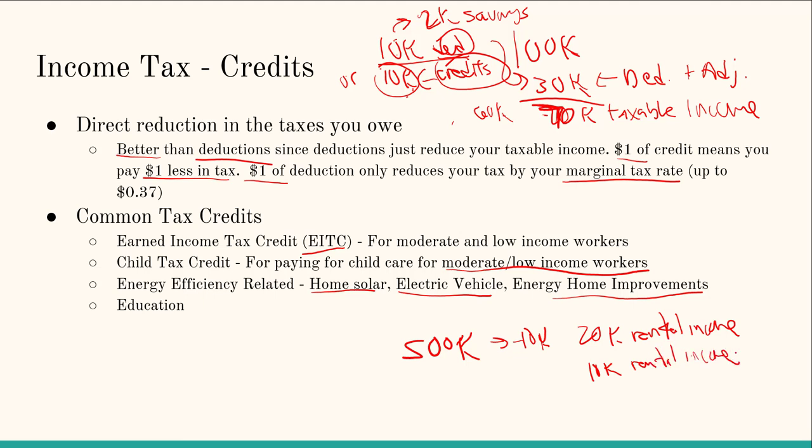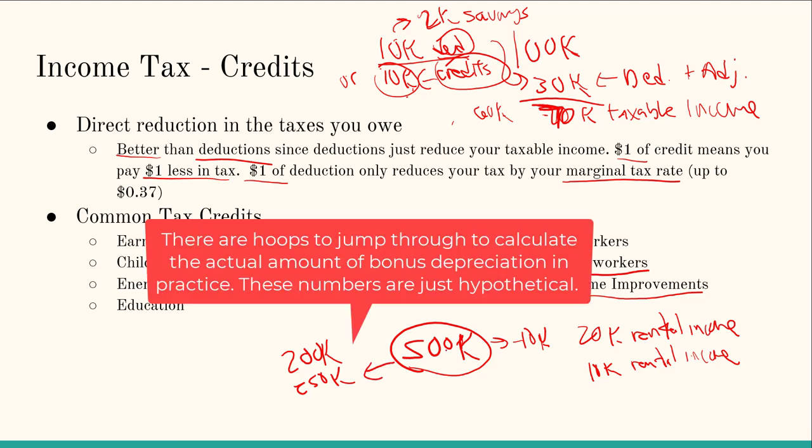But there's something known as bonus depreciation, where let's say in the previous year you had a large gain of 200K. Let's just throw out some numbers here, and basically there's an option you can do to take much more depreciation on this 500K in the same year and use it to offset this capital gain. So you can maybe even take 250K of bonus depreciation from having bought this property.